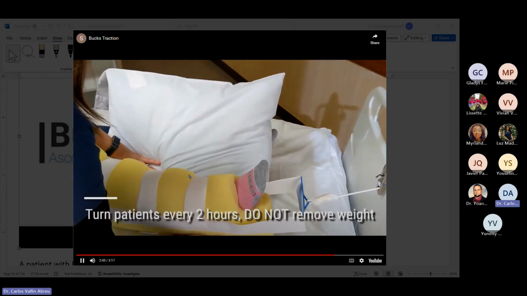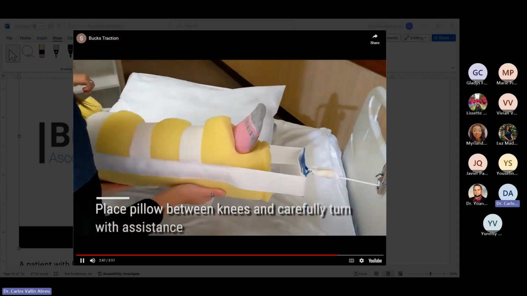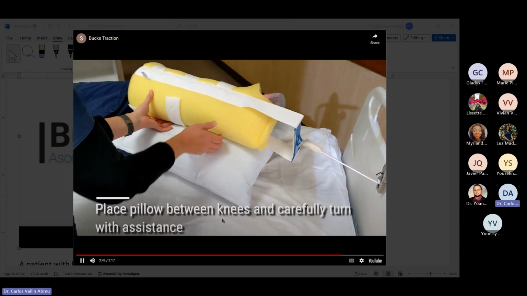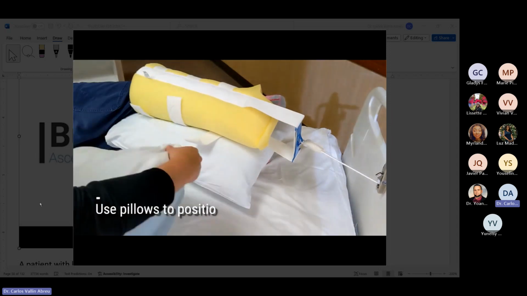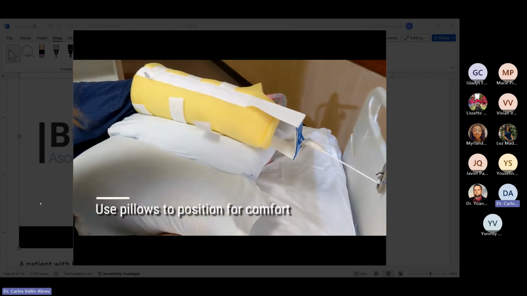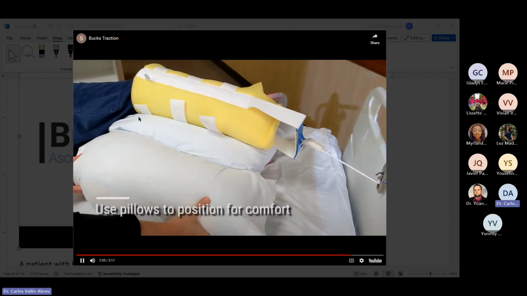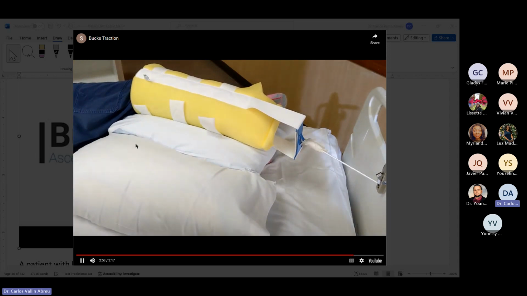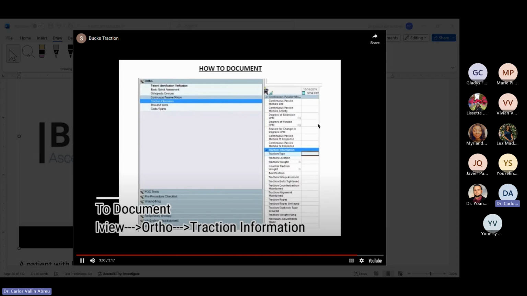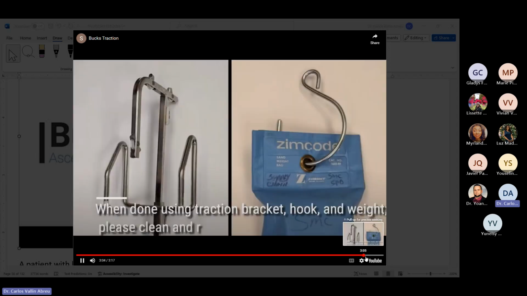Notice this: while on traction, the client must change position every 2 hours to prevent sacral pressure ulcers. So we place a pillow between the legs and we turn the client to lateral. This is documented in the electronic record.